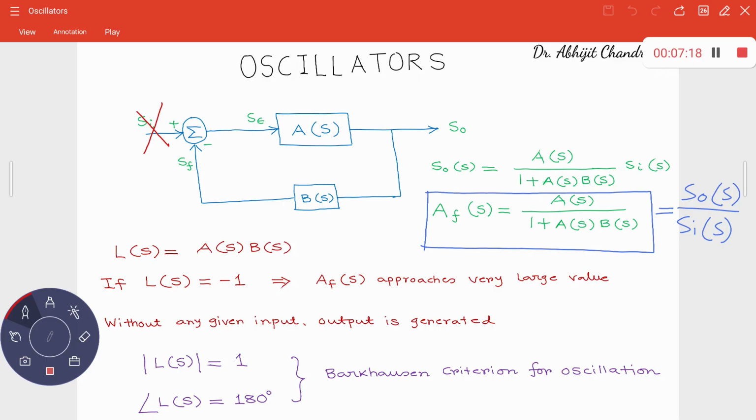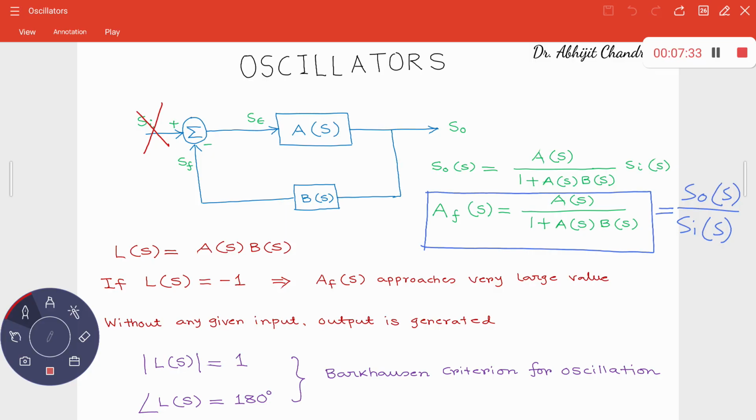That means if this loop gain, the product of the feed network gain and the back network gain, approaches -1, then without any given input, some output is getting generated.